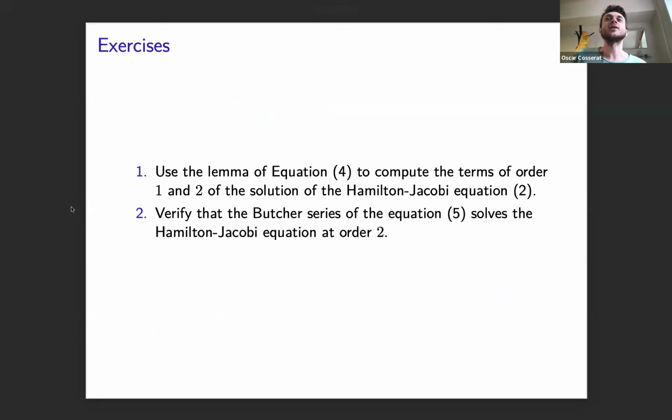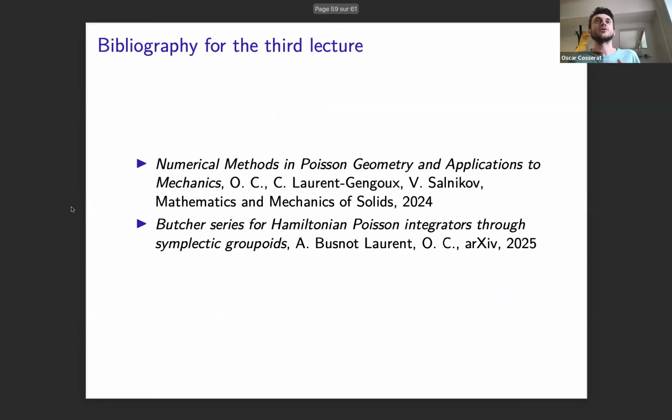So I'm about to finish. These are exercises if you want to try, and some bibliography for the third lecture. So these are 2 articles. The first one is an article I wrote with my PhD advisors during my PhD, where we implement and observe the behavior of those Hamiltonian Poisson integrators.